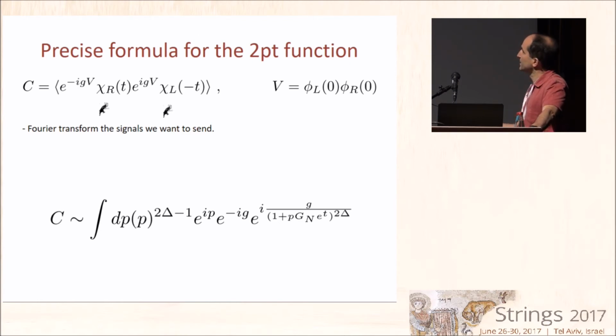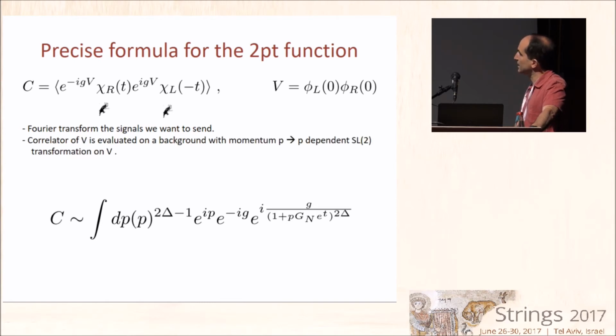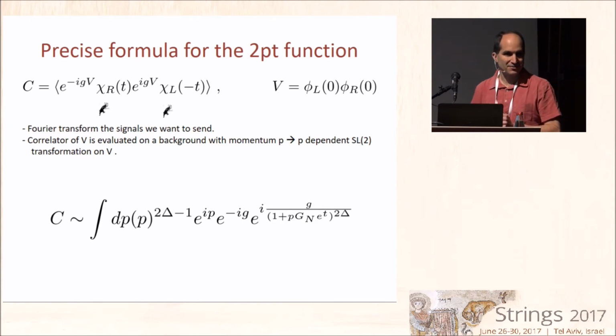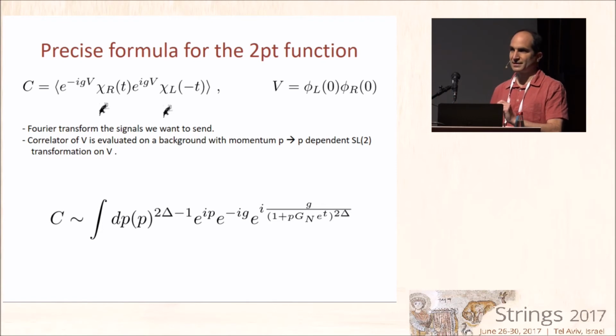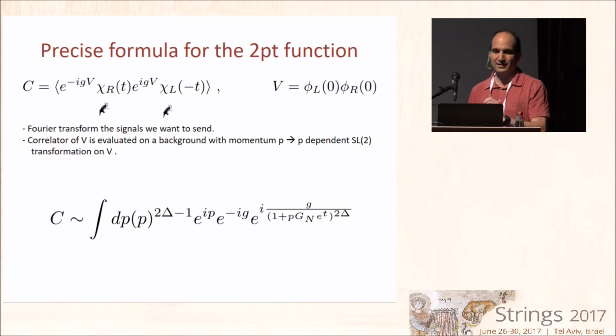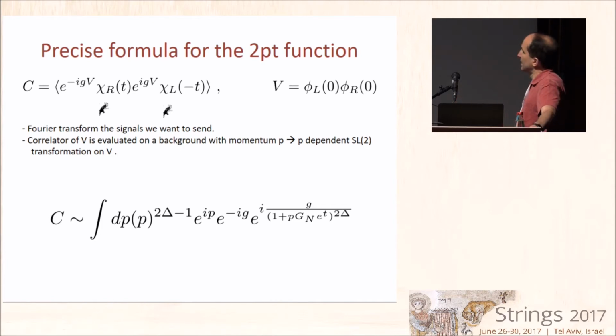So what we do is we Fourier transform the signals we want to send, and the correlator B, depending on the Fourier mode, so that variable is judiciously chosen so as to be conjugate to the SL2R generator that is most responsible for kicking the trajectory outwards, that has the most effect.